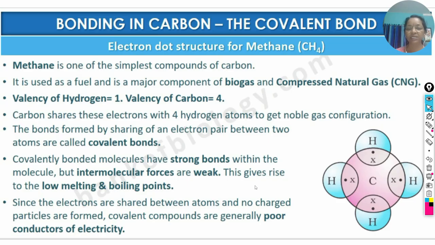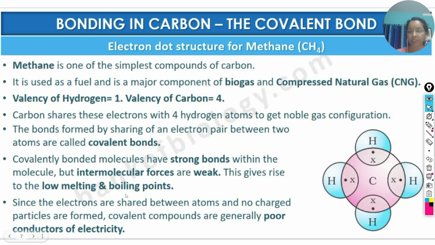This gives rise to the low melting and boiling points of these covalent compounds. And since no ions are formed, they are poor conductors of electricity. So that is the answer to why they are poor conductors of electricity and why they have low melting and boiling points.